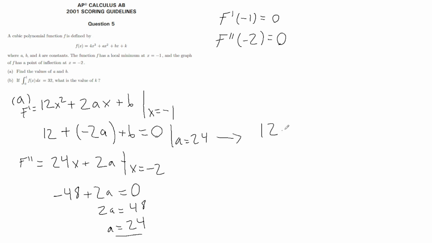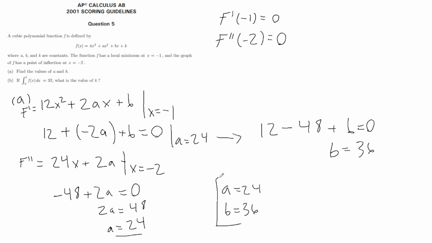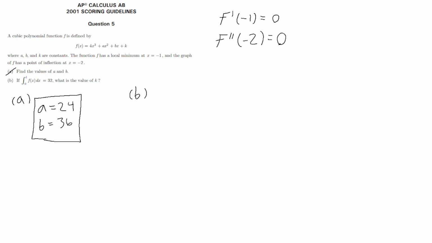So we're going to have 12 minus 2 times 24, which is -48, plus b equals 0. Then we do a little bit of algebra. We're going to have b equals 36. So a equals 24 and b equals 36 are our final answers for part A.